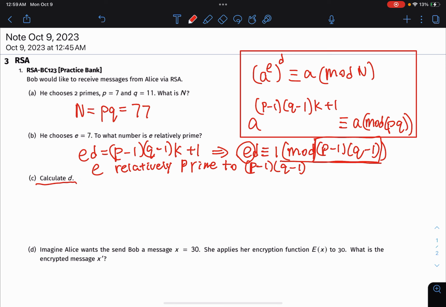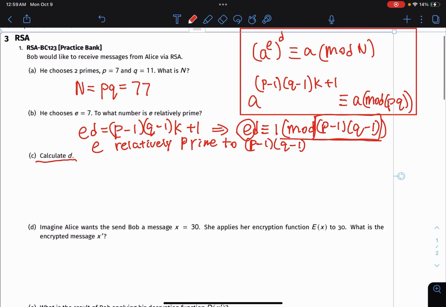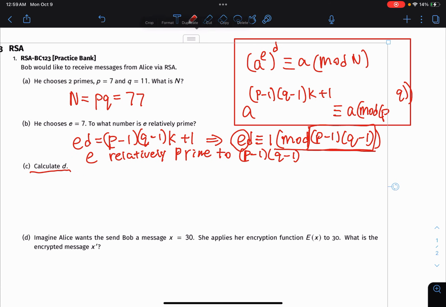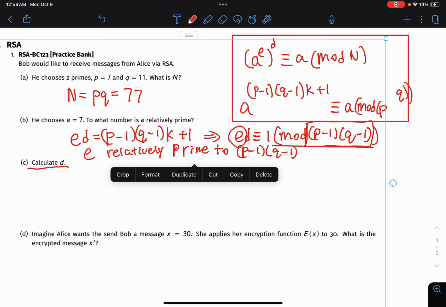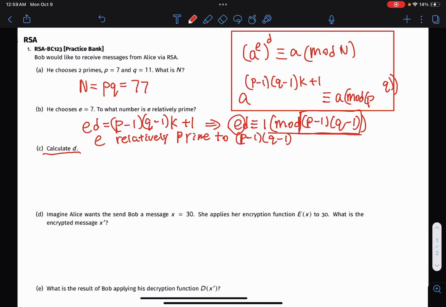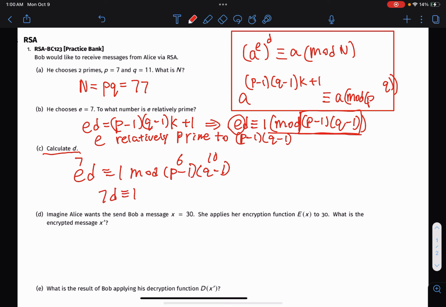And now we have to find D. I will leave this for you as an exercise, but what this equation basically means is we have to find a certain D such that ED is congruent to 1 mod P minus 1 Q minus 1. P minus 1 is 6, Q minus 1 is 10, and E is 7. So this means that 7D is congruent to 1 mod 60.